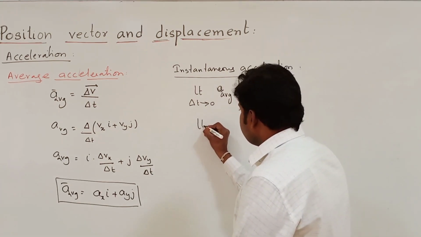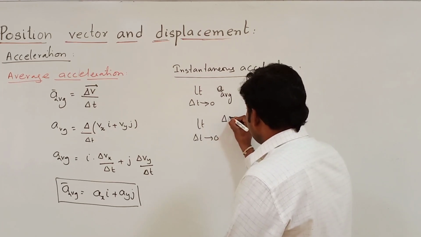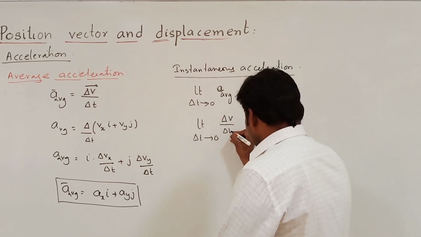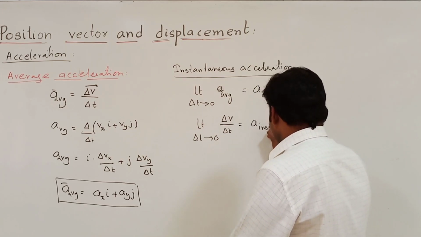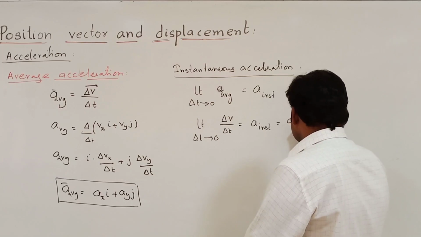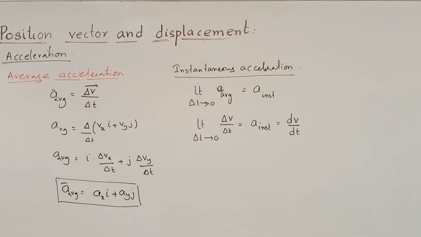How to write this? The limit as delta t approaches 0 of delta v by delta t is equal to a instantaneous, or we write it as dv by dt.